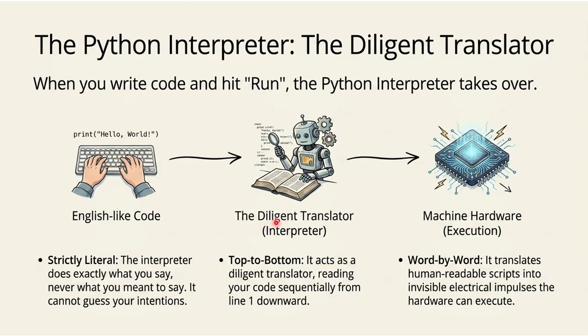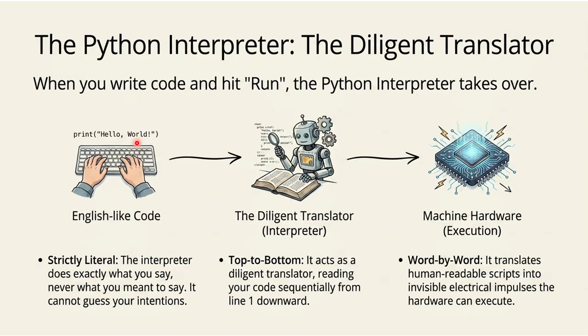It takes this word and translates it into machine code. Here they have explained the flow, so let's go through this one. The interpreter does exactly what you say, never what you meant to say. It cannot guess your intentions. So what does this mean? Whatever you type, it will just blindly follow it.